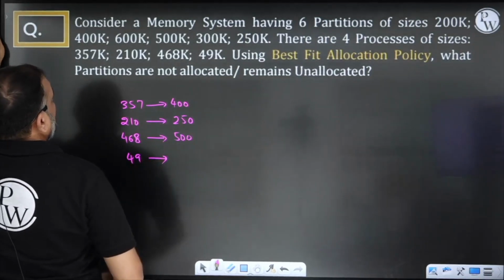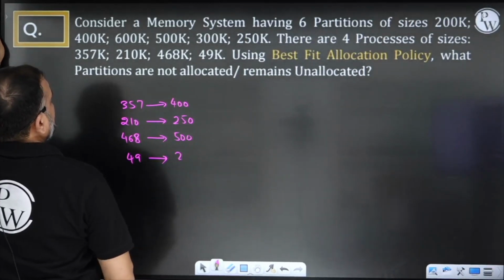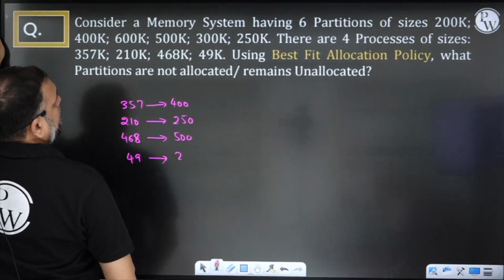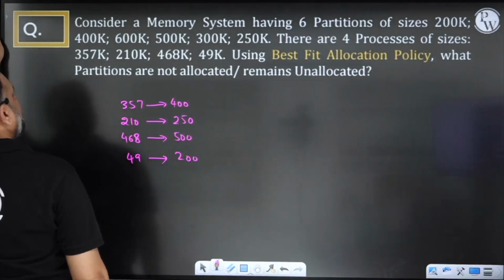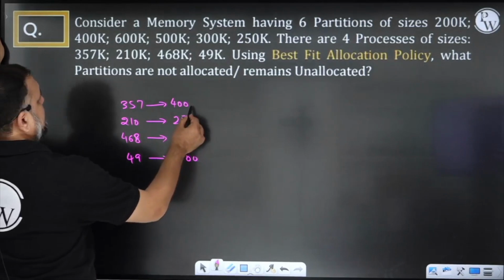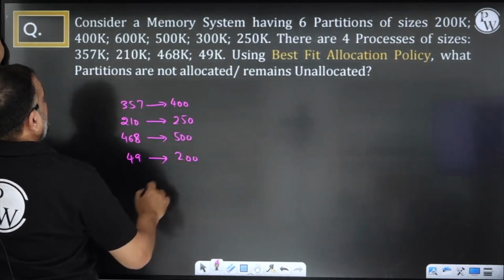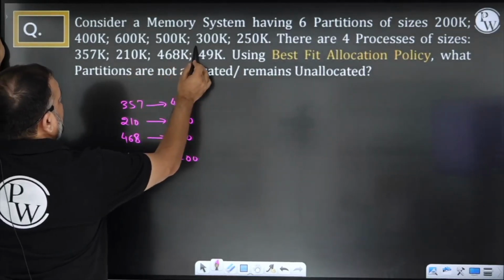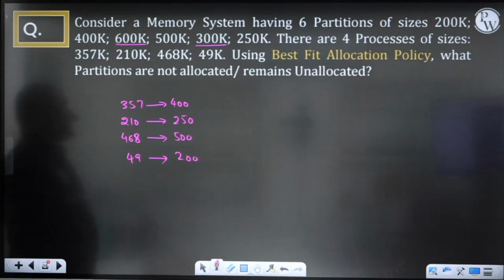Where will it go? 49 will have to go into 250. Sorry, 250 is done. So where will it go? Come on, tell me. 200K. So what is remaining? You can see that 400 is over, 250 is over, 200 is over, 500 is over. So remaining are 300K and 600K. That's it.